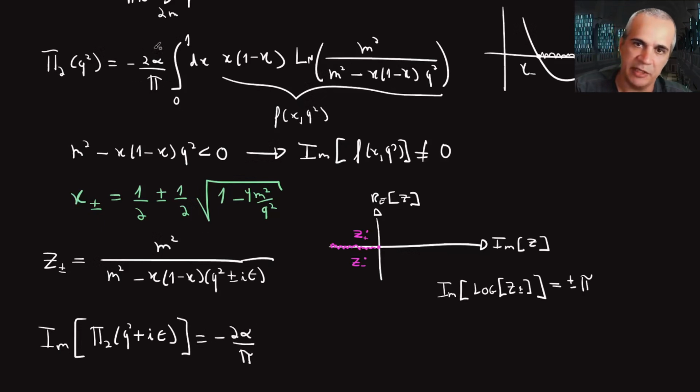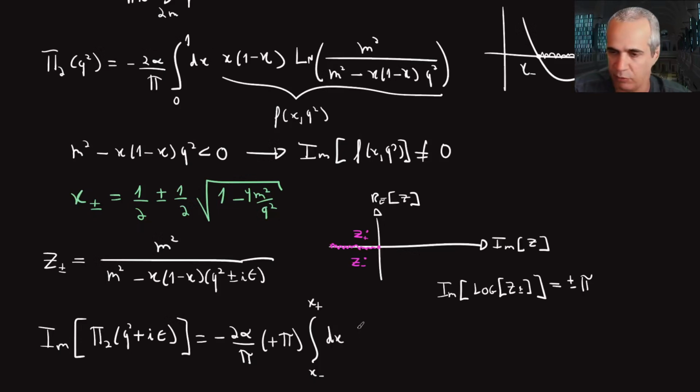I'm using this expression here, plus pi, because I'm taking this side of the branch cut, the integral in x from x minus to x plus, because that's the only region in which the log even has an imaginary part, of x(1 minus x). So now I'm limiting my integral to that region, and that's it, because the log is just a pi that goes out of the integral, and now I just have to do this integral, right?